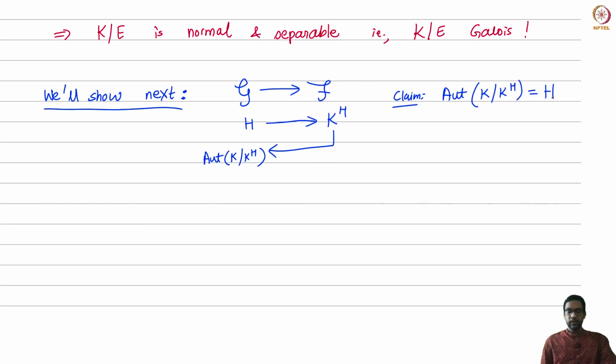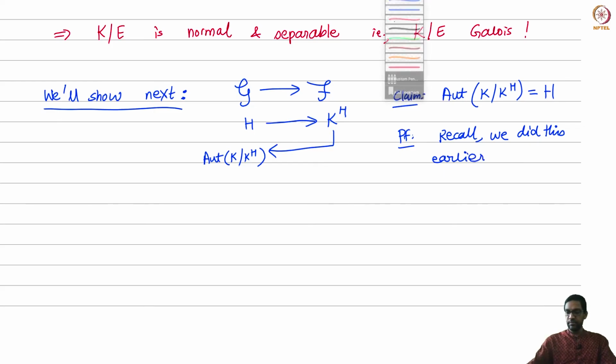Okay, but recall this is exactly what we proved as one of the corollaries of Artin's theorem. So recall, we have already done this. In fact, what was the thing we said? More generally we made the following statement.